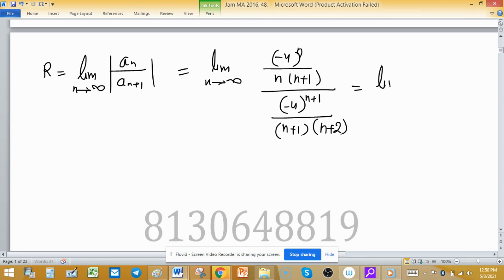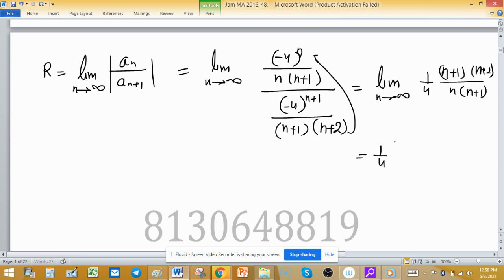That will be equal to the limit as n tends to infinity. This goes above, so 1 upon 4 times (n plus 1)(n plus 2) divided by (n plus 1) squared.